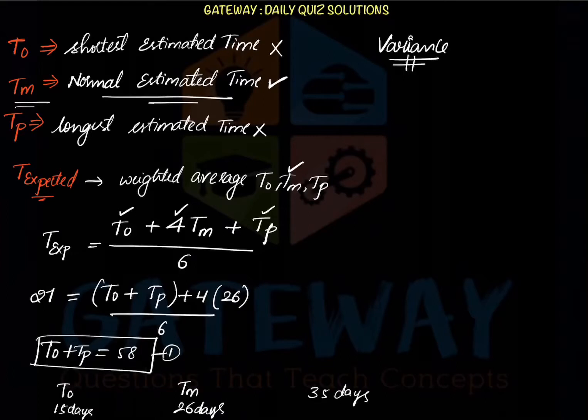Depending upon the situations, our project completion time may lie in this range or else somewhere in this range. So there is a probability it may lie at any one of these places. So we'll calculate how far our data can lie from the mean value, and that is given by variance.